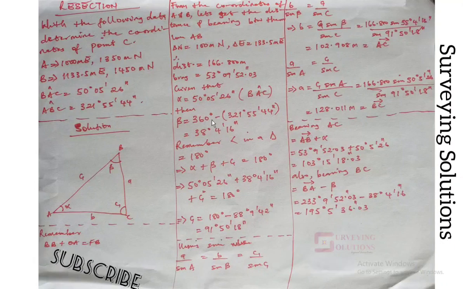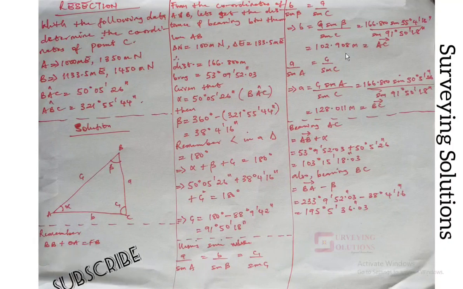The angle B, as we deduced earlier, was 38 degrees 4 minutes 16 seconds, divided by sine C. The C is the third angle that we got from the sum of angles in the triangle, right? So we have 91 degrees 50 minutes 18 seconds. So by the time you carry out this simplification, you should arrive at 102.908. Ensure you confirm this on your calculator so you know that the answers are correct.